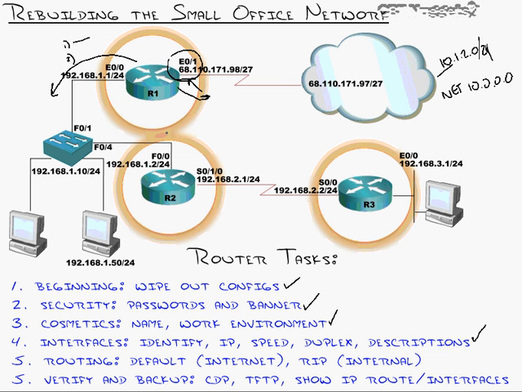It's a two-way process. When router 1 is pinging router 3, it's actually sending the packets because it knows how to reach that network.